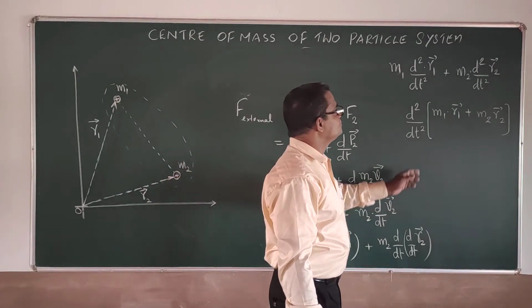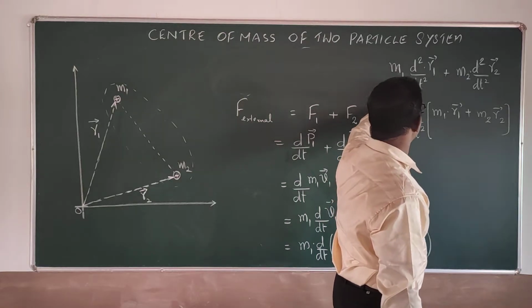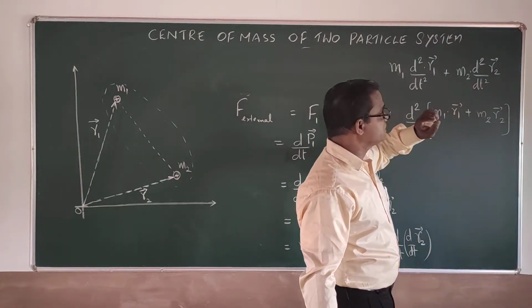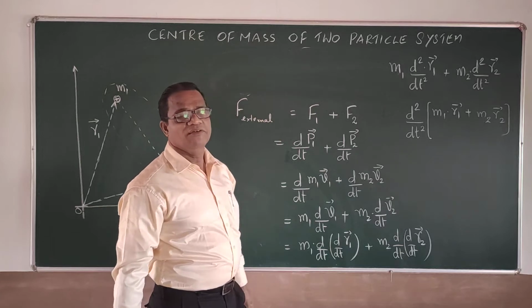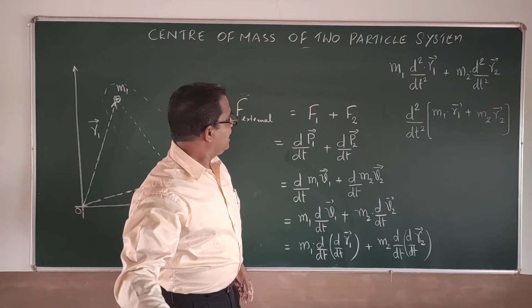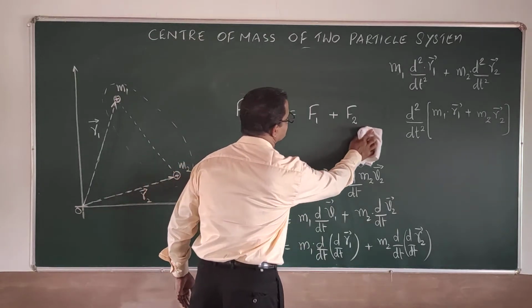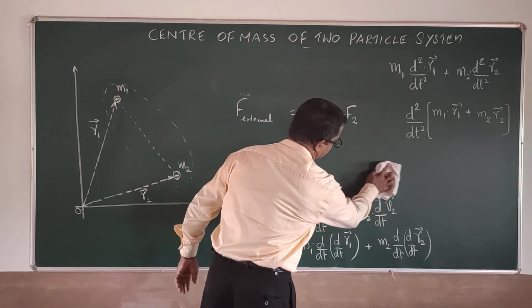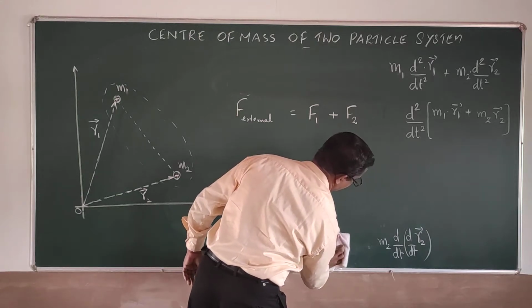Alright? Because m1 and m2 are constants, only r1 and r2 will be varying. Therefore, you can rewrite this.